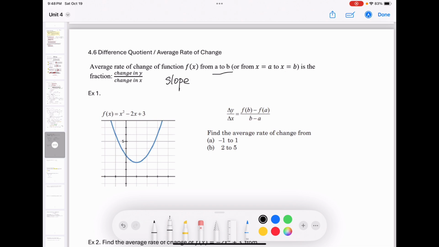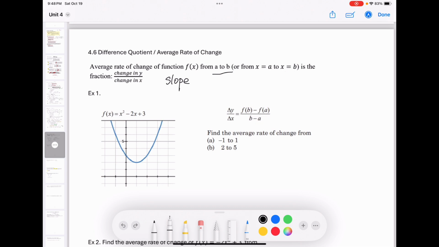So average rate of change can be written as delta y over delta x is equal to f of b minus f of a divided by b minus a. Use the second function value minus the first function value, and divide by changing x, second x minus first x value.